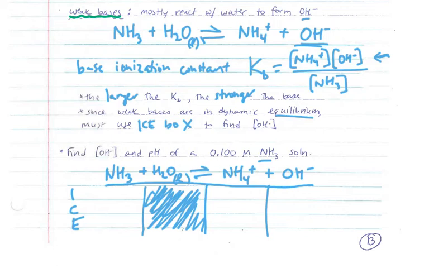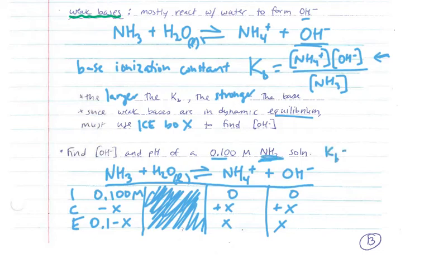So initially we have a concentration of 0.100 molar and none over here. This is going to go down by X as the equilibrium shifts to the right and the reaction progresses. So at equilibrium, we'll have 0.1 minus X, and for each of these we'll have a concentration of X. Since we know the identity of the base, we can look up the Kb from a table, and we find that it is 1.76 times 10 to the negative 5th.